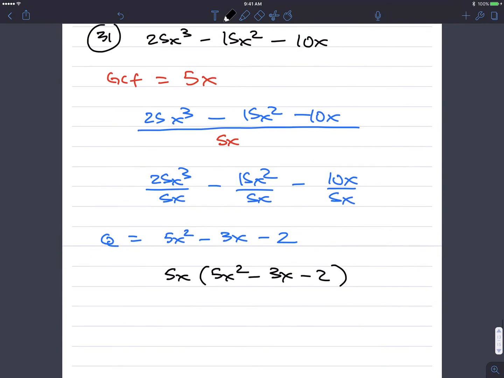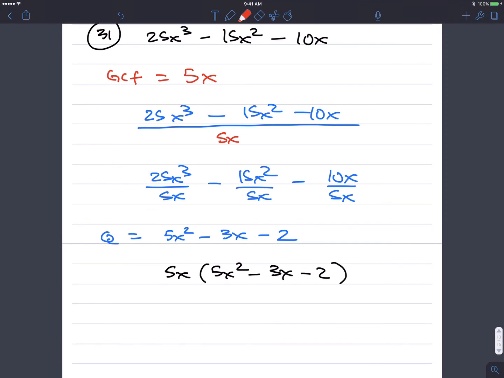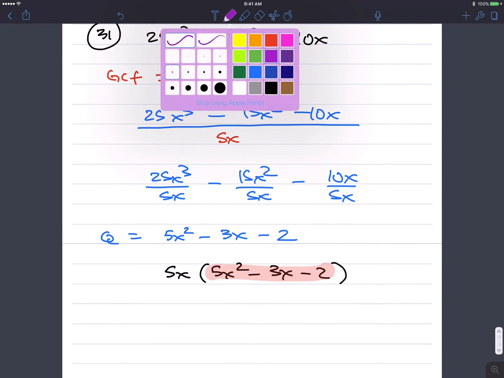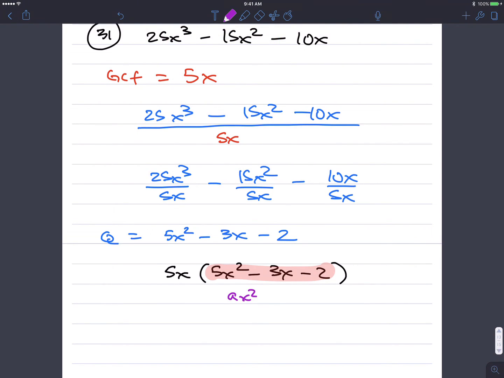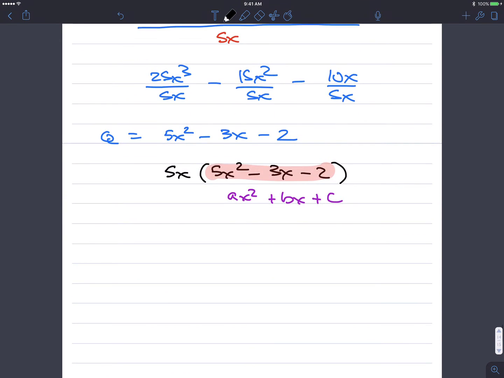Okay? Notice, I'm going to have to factor this quotient, and again, ax squared plus bx plus c. So factor the quotient either by trial and error or by your factoring recipe, by that beef stew. All right, 5x squared, 5x and x.